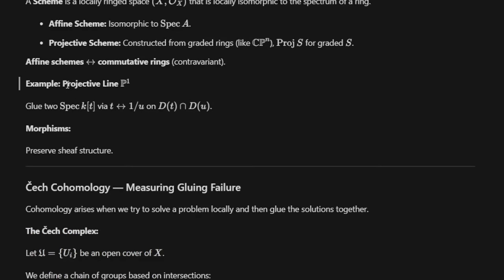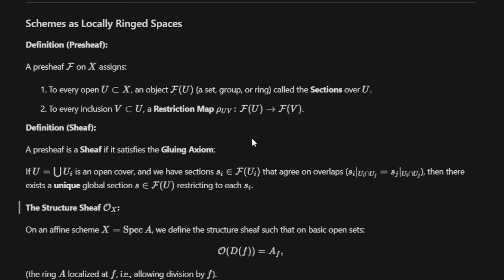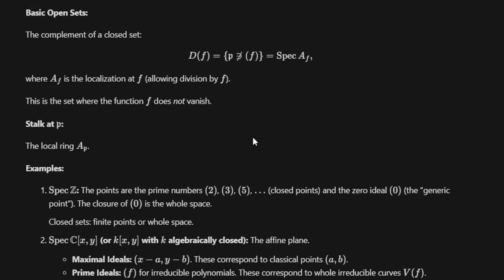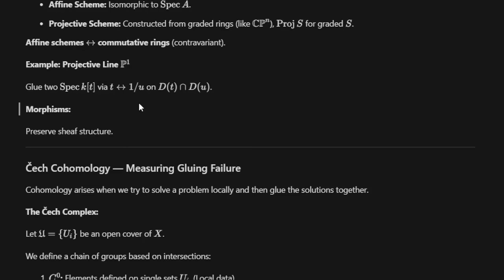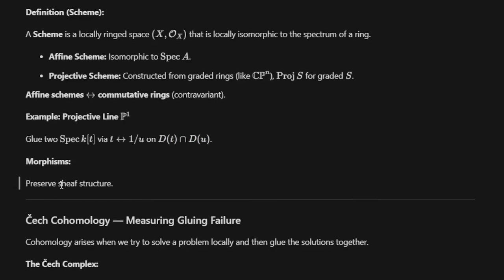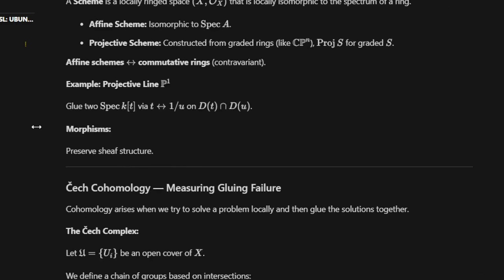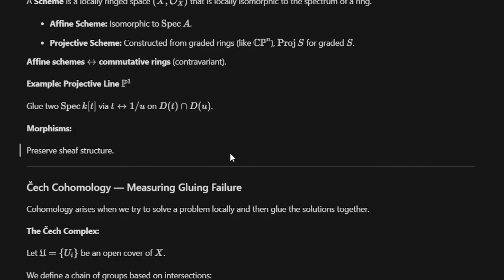So if we just look at the projective line, given the spectrum of k[t], via t parameterized by 1 over u, on the intersection of these two closed sets, we can then have their spectrums glued together in that intersection. Okay? And the morphisms now also preserve sheaf structure, and so that allows us to essentially continue where we left off. Okay?